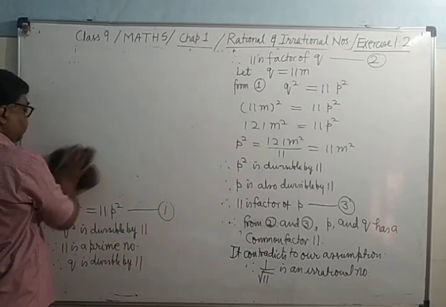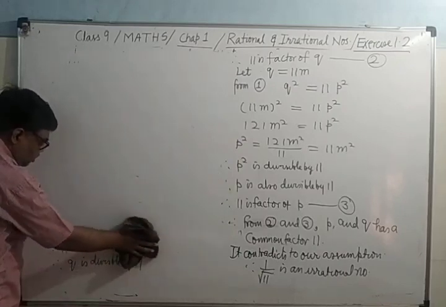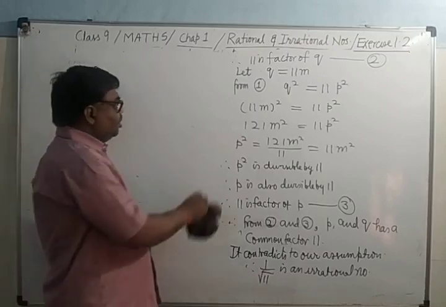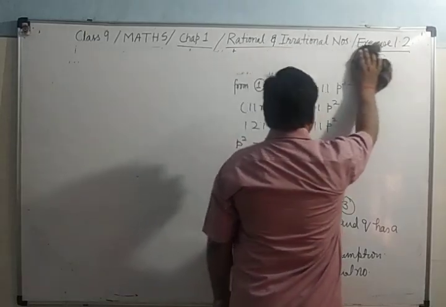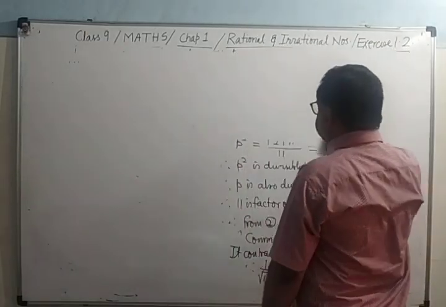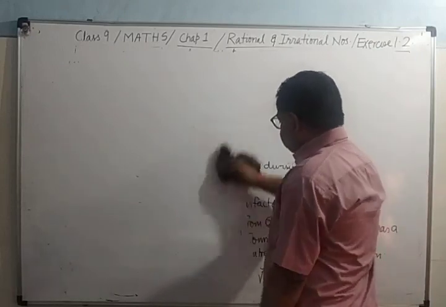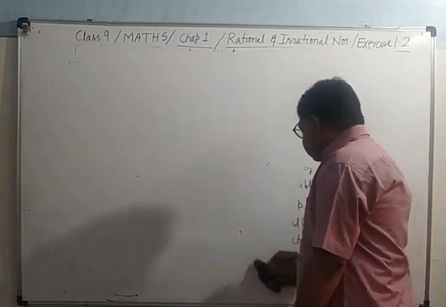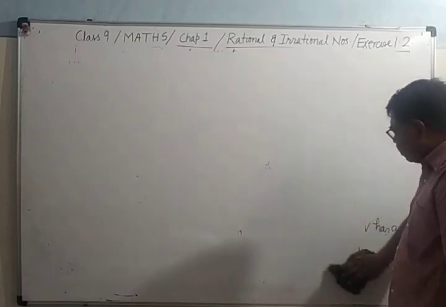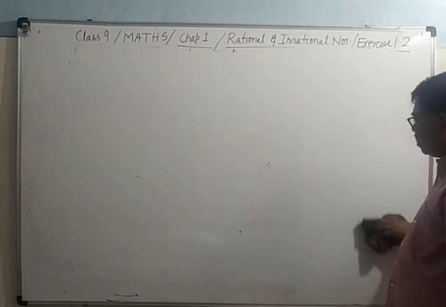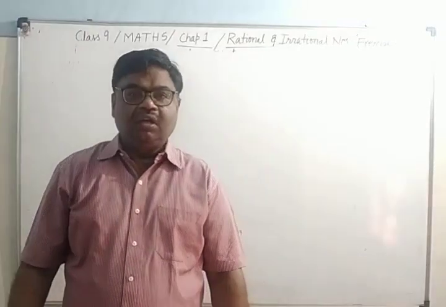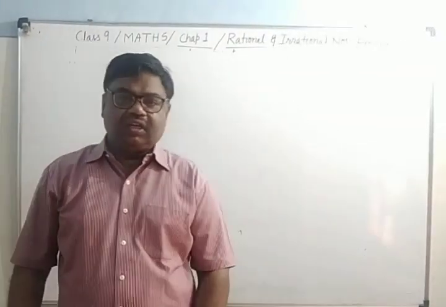And this year, in the class 9 board examination, board examination means now the council sends the question paper of the annual examination. If you see the question paper of Hills School, you will get the very first question: prove that root 2 is an irrational number.